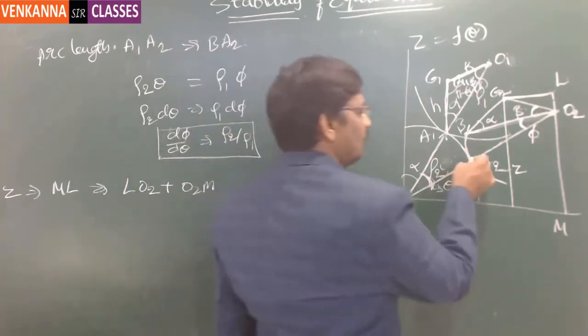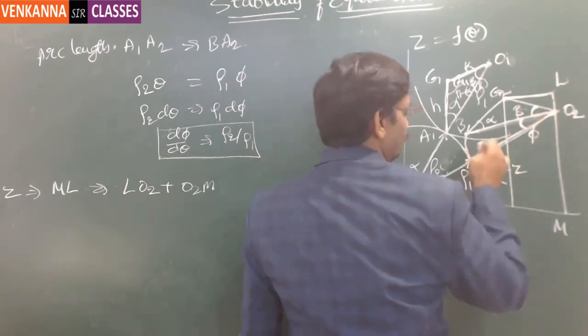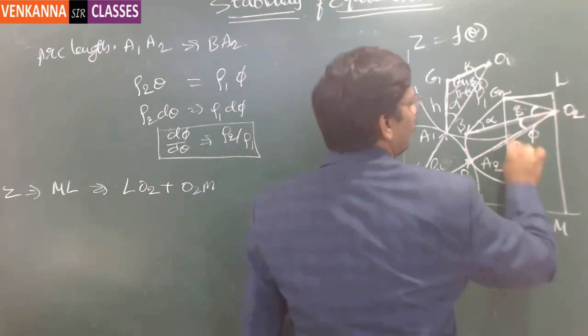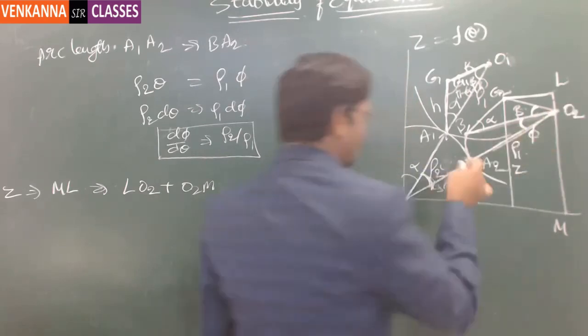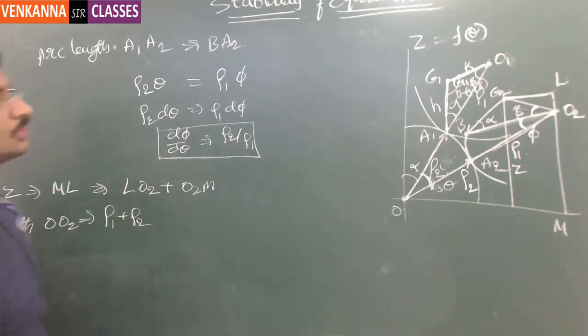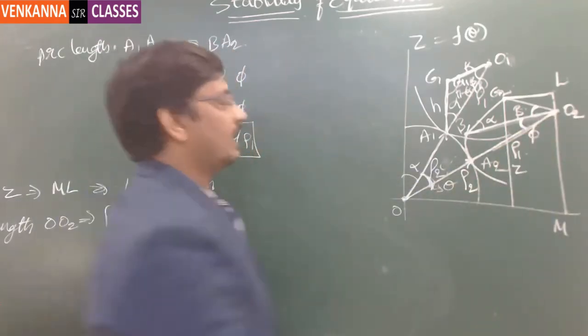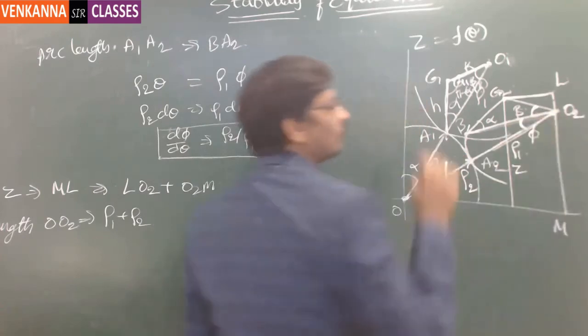So this value is again rho 1 and this value is again rho 2. Sorry, this is rho 2 and this is rho 1. Then this entire length OO2 is equal to rho 1 plus rho 2. So I can express this height as a function of rho 1 and rho 2.